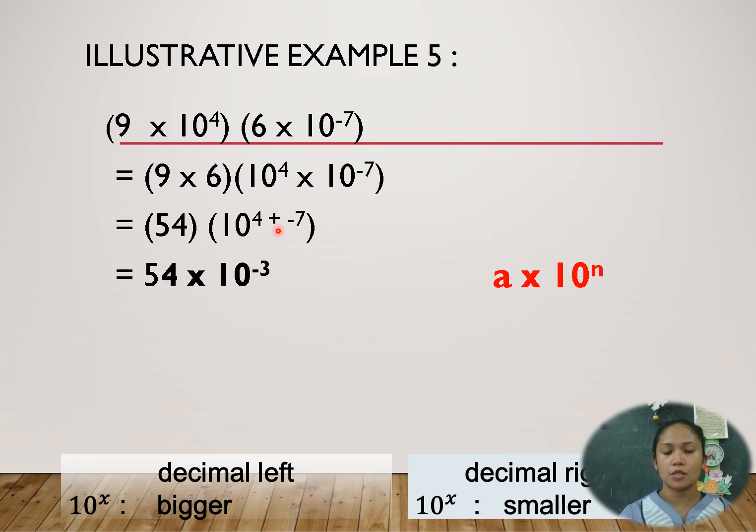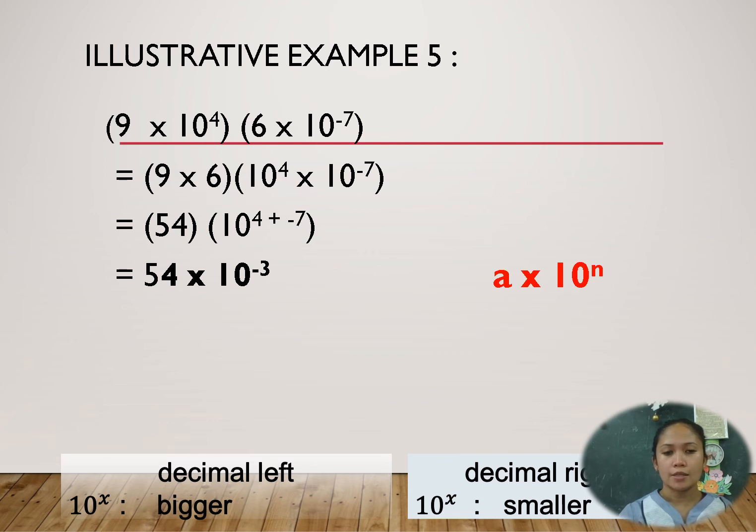In adding different signed numbers, we will just subtract it and follow the sign of the number farther from 0 in the number line. So we will just subtract 7 minus 4, that is equal to 3. And take note that negative 7 is farther from 0 compared to 4. So we will follow the sign, which is negative. So that is why it's negative 3.